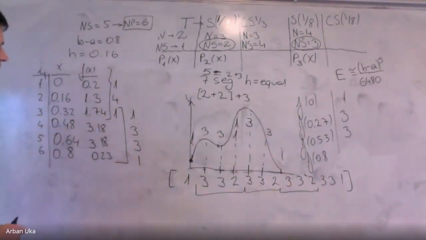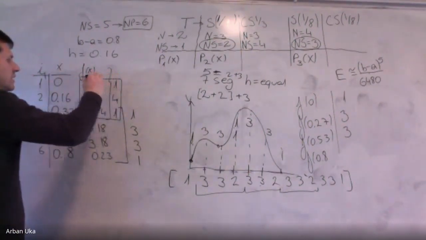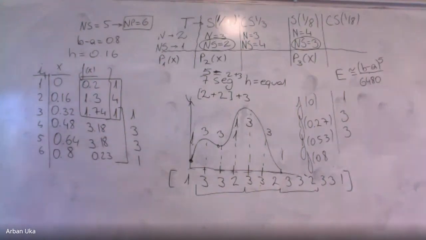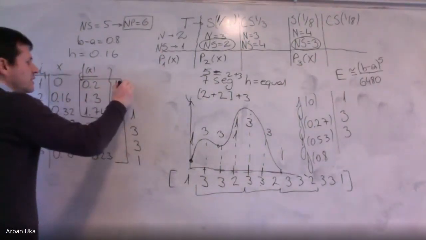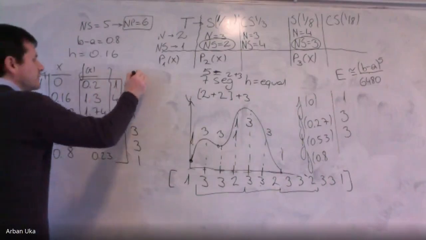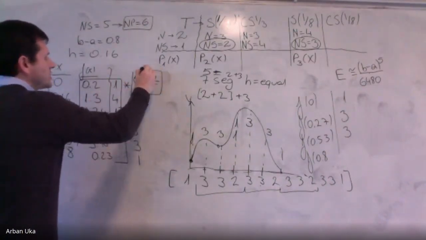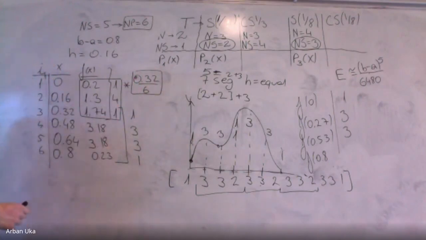And after we add up these terms, we should multiply the top part with h over 3. And in this case, we have to multiply them with 0.32 over 6, which is the whole range divided by 6.